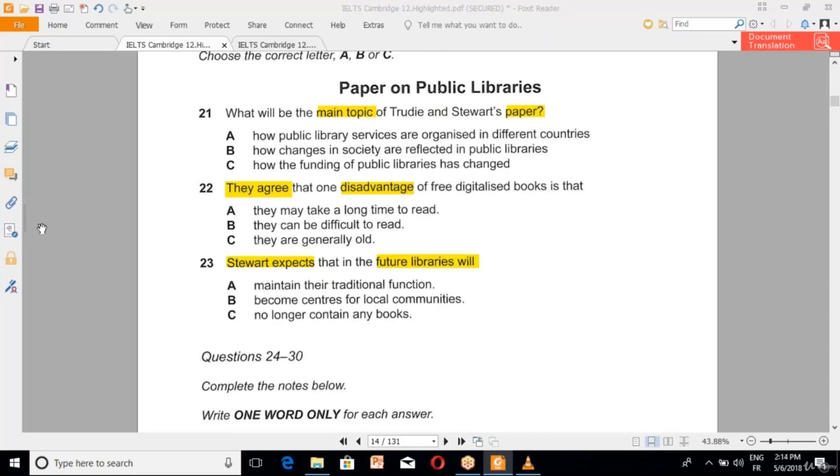Now listen carefully and answer questions 21 to 23.